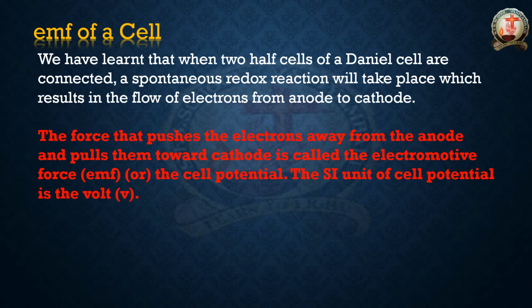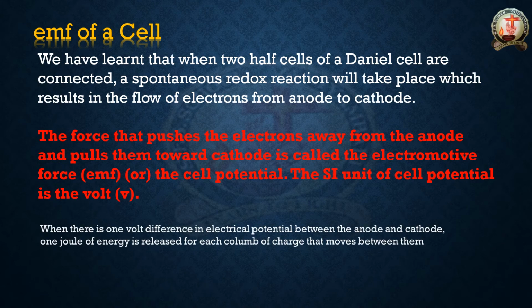That is called the electromotive force, produced by the electrons. The SI unit of electromotive force is volt. When there is no difference in the electrical potential between the anode and cathode, no potential difference happens while electrons move from one cell to another.